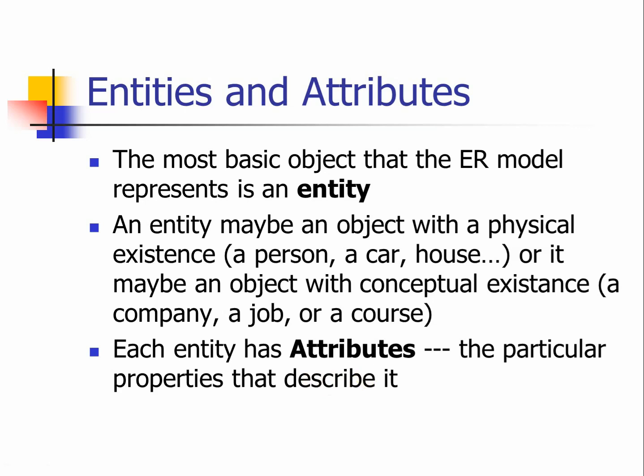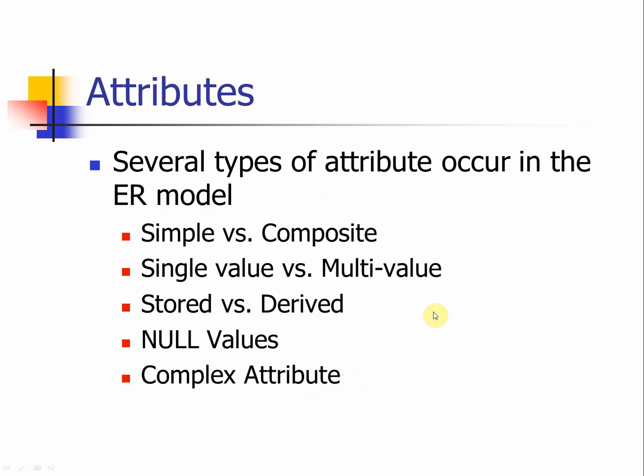So we would start looking into the entity part, mainly focusing on the attributes. To talk about the attributes, there are several different types of attributes, and we want to understand them. This is a list of 5 different types of attributes that we want to look into. First of all, simple versus composite attribute. Then single-value versus multi-value attribute. Then stored versus derived attribute, and null attribute.